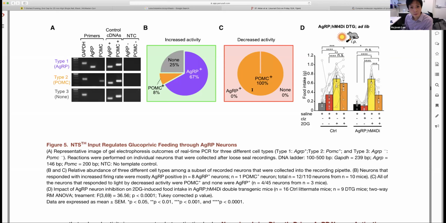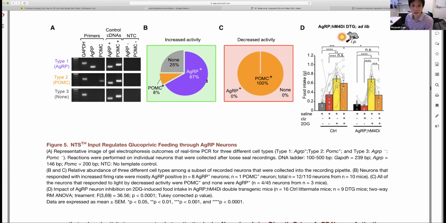Then from that pipette, they take up the contents of the cell, and then they do RT-PCR on it to see which arcuate nucleus markers are expressed in that particular neuron. The main ones being the AGRP neurons and the POMC neurons.